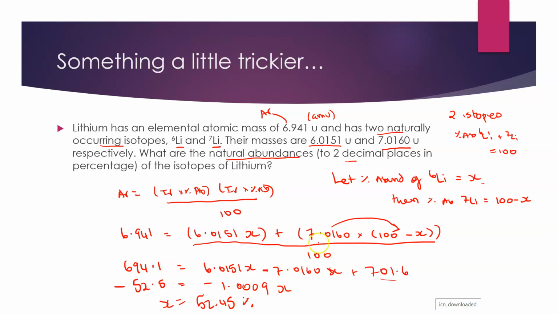52.45%, because this is the percentage abundance of lithium-6. Okay, so the percentage abundance of lithium-6 is going to be 52.45, and then the percentage abundance of lithium-7 is going to be 100 minus 52.45.